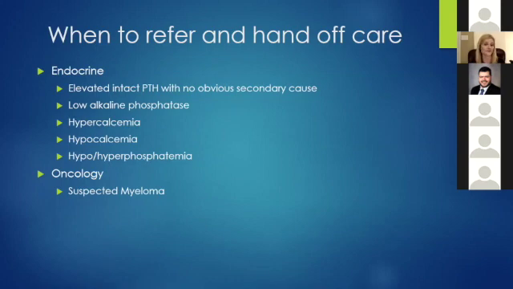So I've learned to become a little bit more patient, and I will recheck the PTH a few weeks after they've been on adequate calcium and vitamin D. And if it's at least moving in the right direction, then we can consider putting them on treatment. But if it's not budging, then I'll usually send them to endocrine.